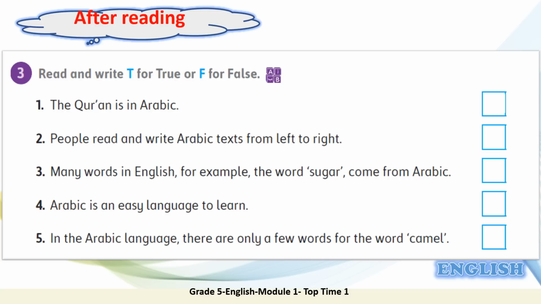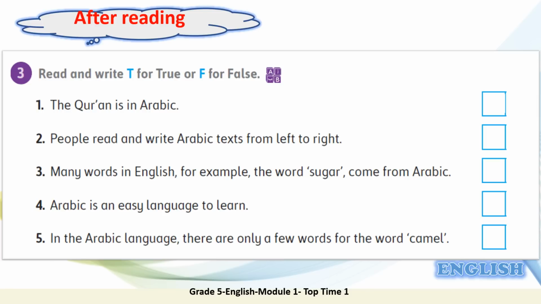So we have to read the 5 sentences and decide which of them are true and which are false. Remember that you need to refer back to the text and read again to check your answers.